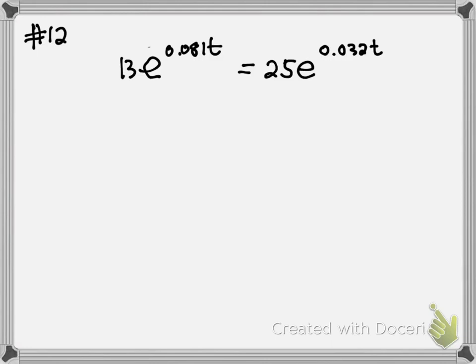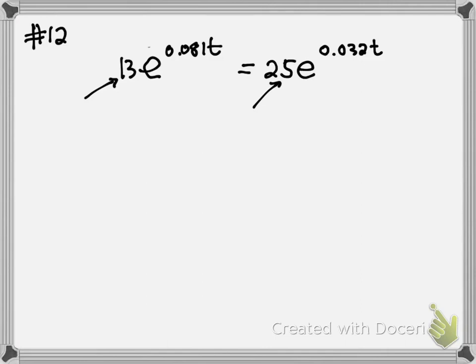I see a constant 13 on the left and a constant 25 on the right. So what we do is some manipulation. We use division, dividing both sides by the same number, so that all of the constants will be on one side and all the terms with variable t will be on the other side.